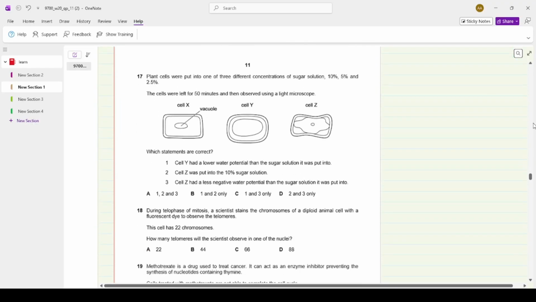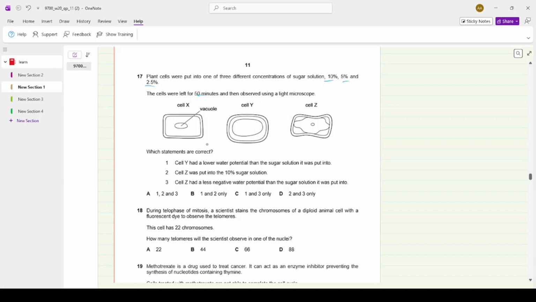Moving forward to number 17, plant cells were put into one of three different concentrations of sugar, 10, 5, and then 2.5. The cells were left 50 minutes and then observed using a light microscope.